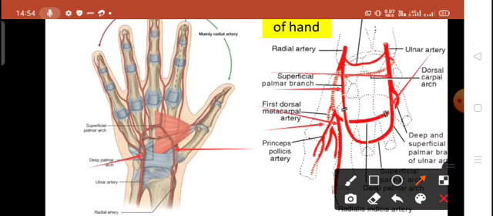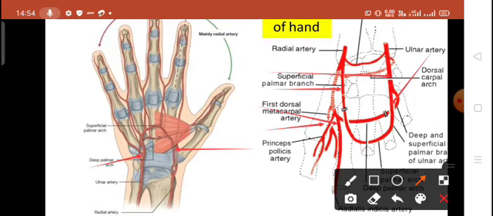It lies superficial to the flexor tendons, lumbrical muscles, and digital branches of the median nerve. That means the posterior relations are the flexor tendons of the digits, lumbrical muscles, and digital branches of the median nerve.